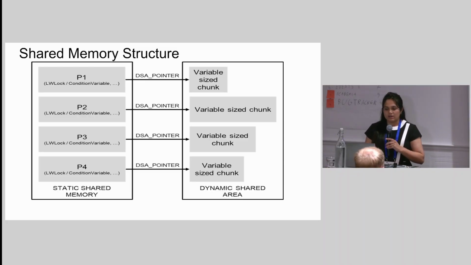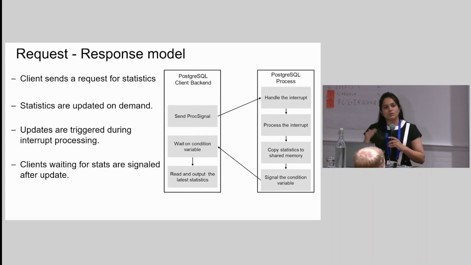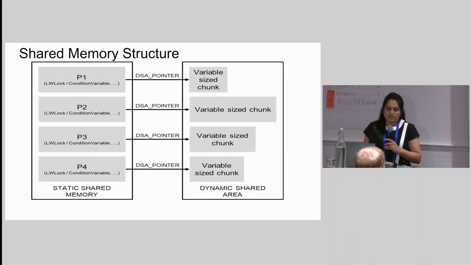As you can see, the size of the dump of each process can vary, and that's handled using a dynamic shared area as shown. These variable size chunks could also contain pointers to other variable size chunks if required. That way it can be exploited.